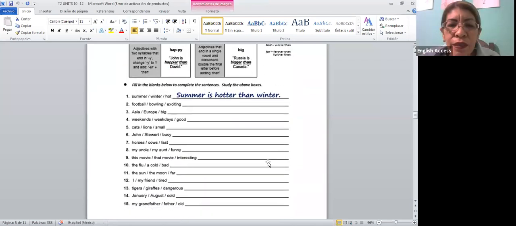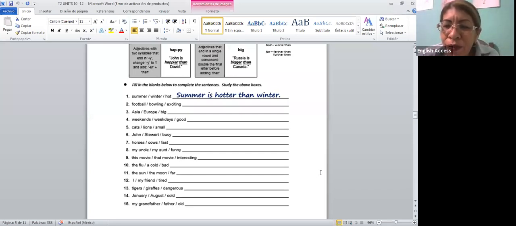Okay, here I have an exercise. This is about comparative adjectives. It says fill in the blanks below to complete the sentences. For example, number 1, we have summer, winter, and the adjective is hot. Example: summer is hotter than winter.